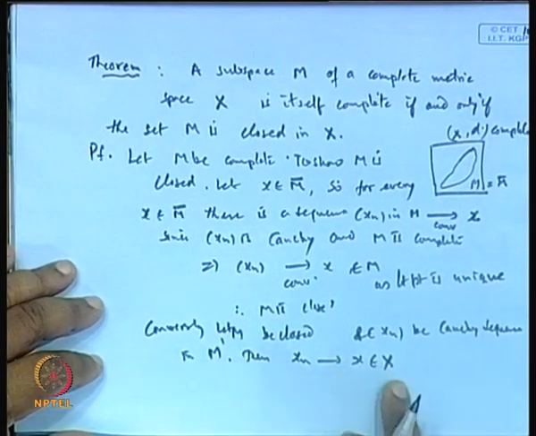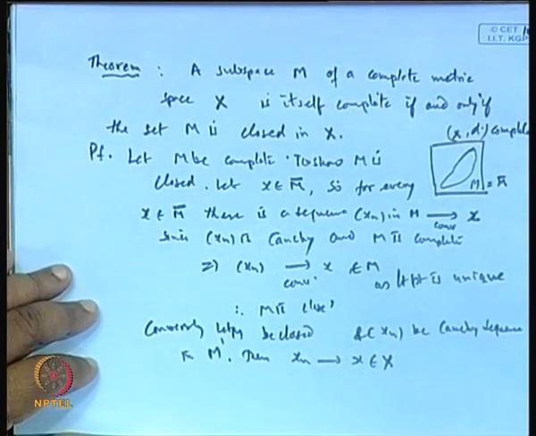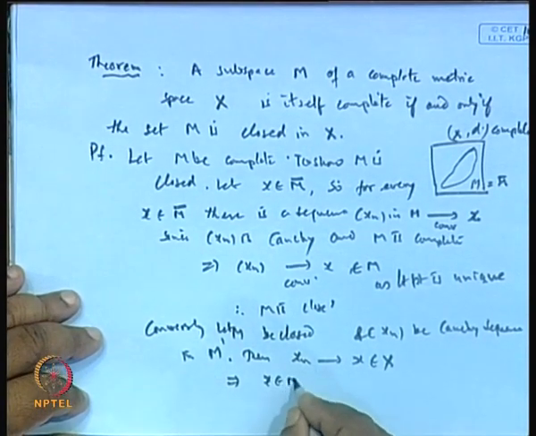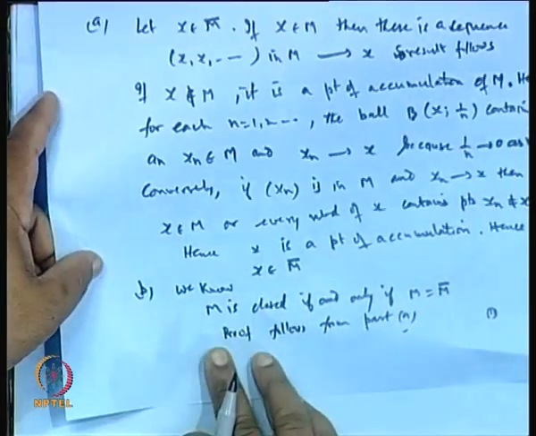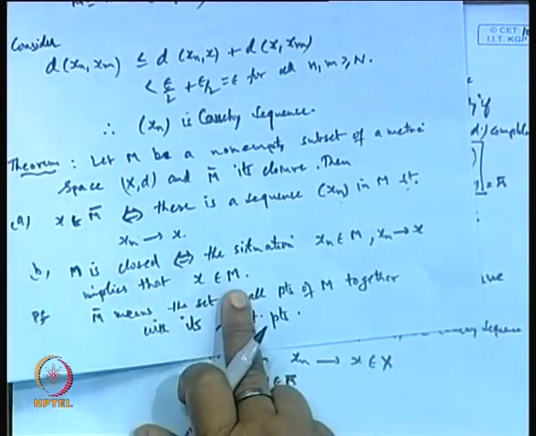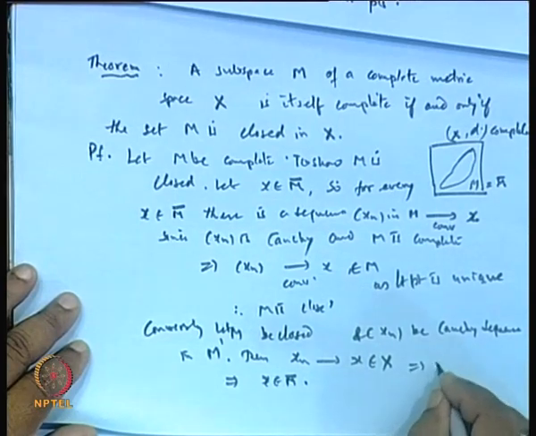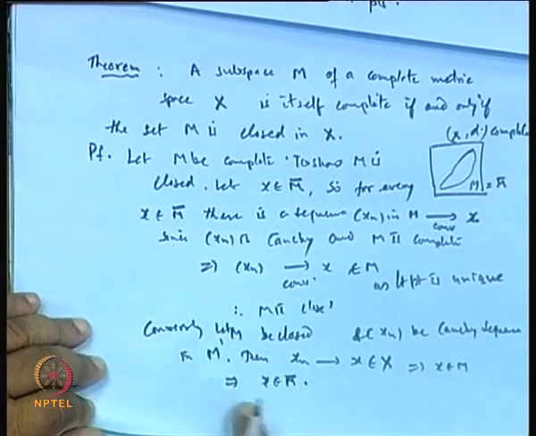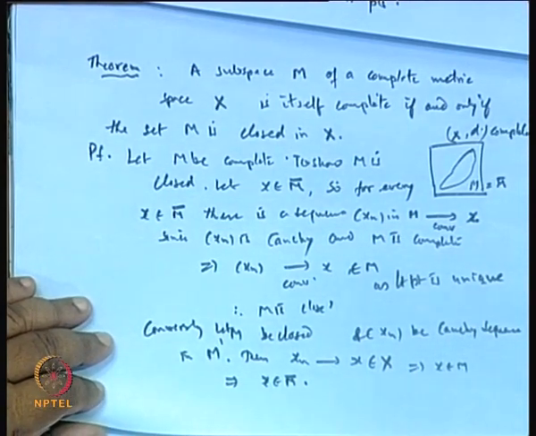Now, we want x to belong to M bar. This follows by the earlier property: if M is closed, then x n converges to x implies x belongs to M bar. So, this shows x belongs to M, since M is equal to M bar because it is a closed set. Okay. So, it belongs to M.